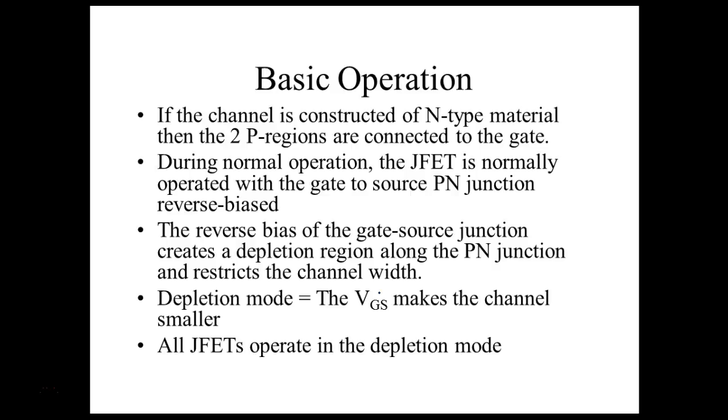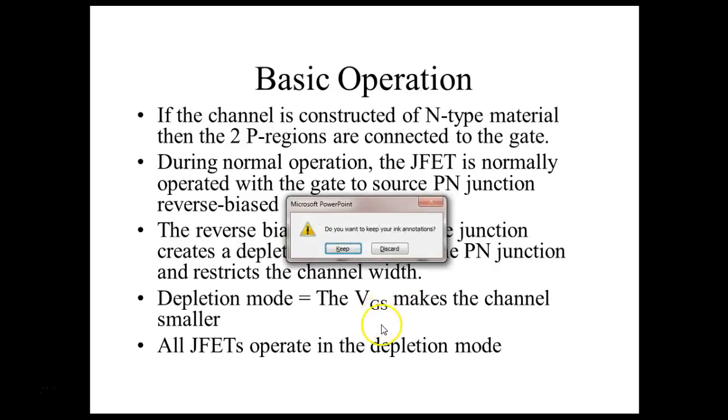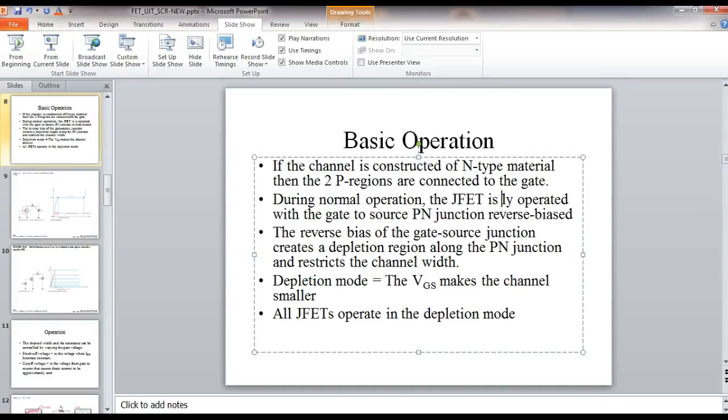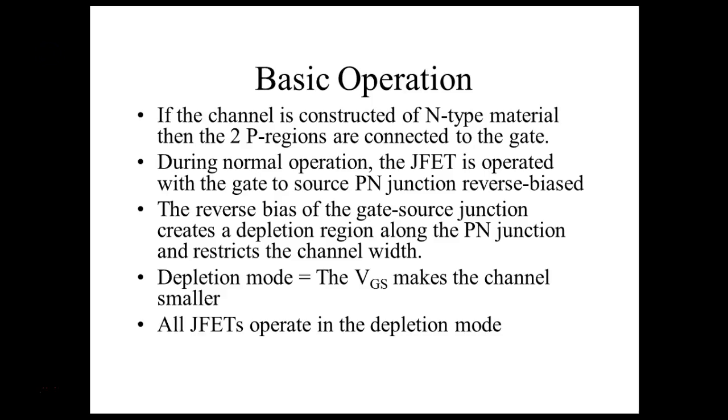Now, why we put "normally", and I think I explained this to you before, is that engineers, if they've got something that operates that won't burn something up, they will figure out a use for this. But during normal operation, the JFET gate to source is reverse biased. And doesn't that sound like a very good test question?